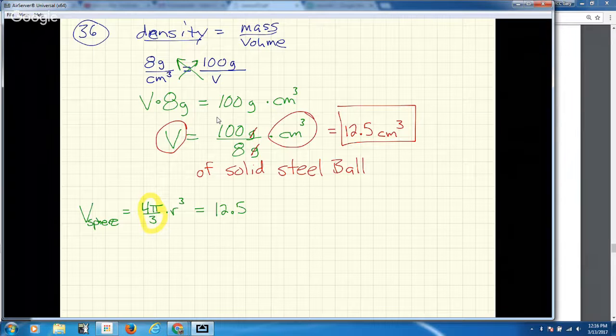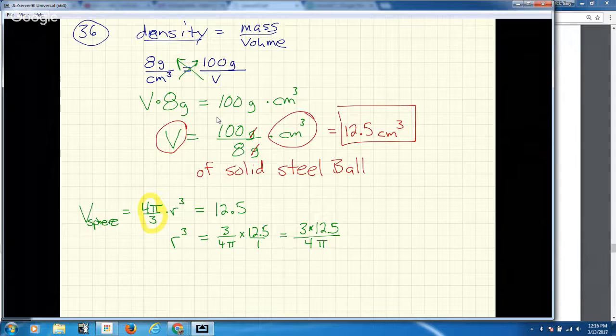So that's going to give me that r cubed is equal to 3 over 4 pi times that 12.5, which we could rewrite, thinking of this as multiplying two fractions, as 3 times 12.5 divided by 4 times pi.